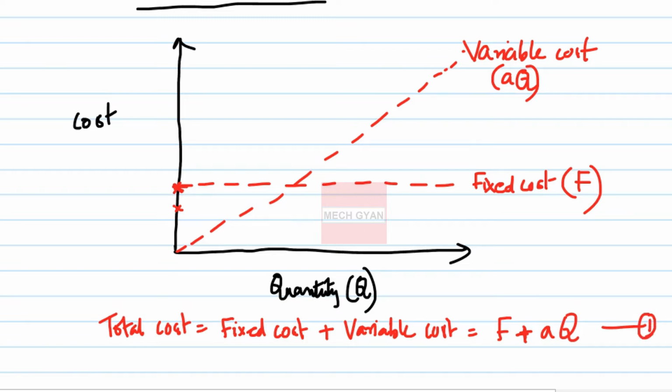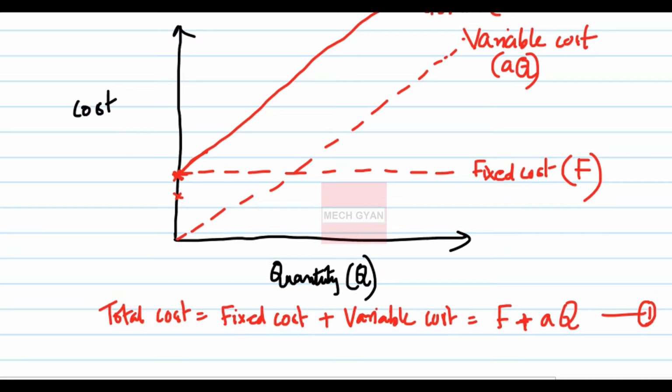So let's plot it on this curve. So the total cost is fixed cost plus variable cost. So it will be a line which will be parallel to this variable cost line. So total cost is equal to fixed cost plus variable cost.